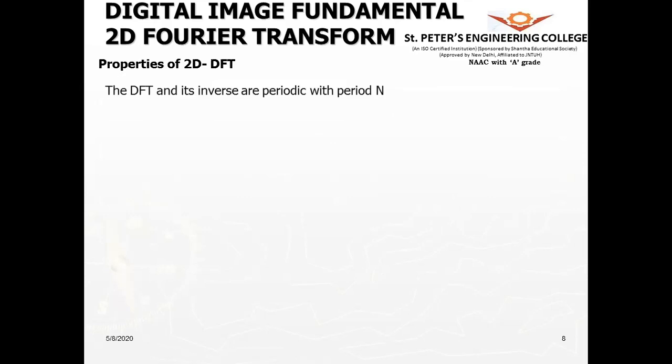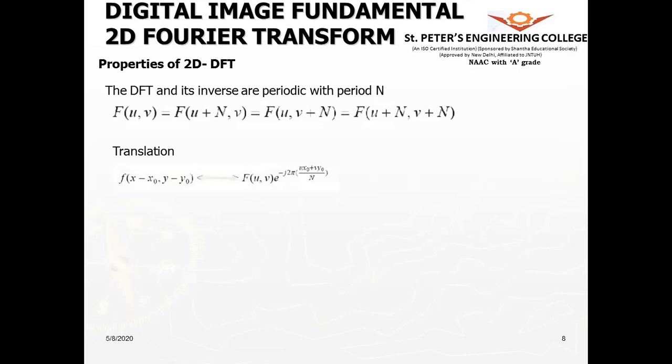The DFT and its inverse are periodic with n, so it obeys the periodicity property. And you know the translation or shift property: a shift in one domain will result in an exponential term in the other domain. In one dimension we call them the time domain and the frequency domain; here we call it the spatial domain.